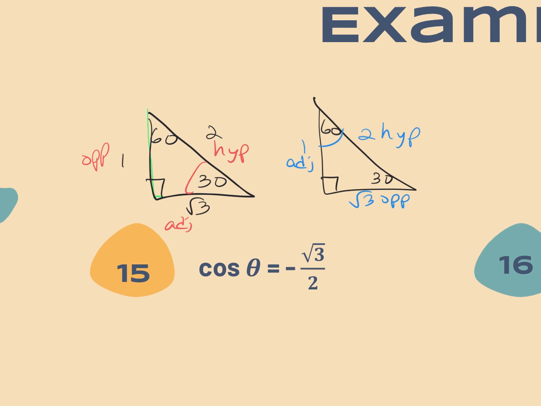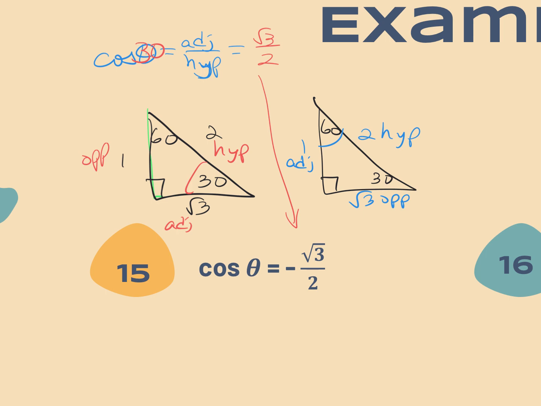Cosine is equal to adjacent over hypotenuse. So adjacent for the 30 is going to be square root 3. So if I do 30 here, adjacent is the square root of 3 over 2. Oh, and look, it's what I needed.